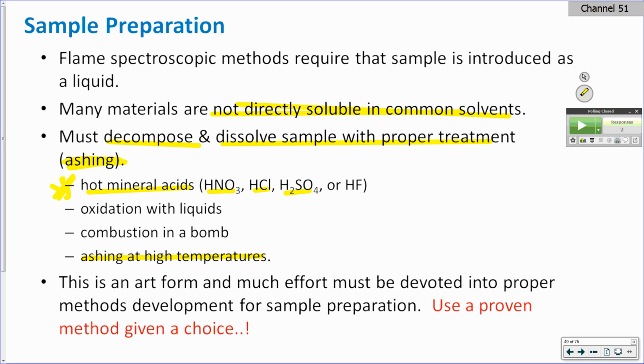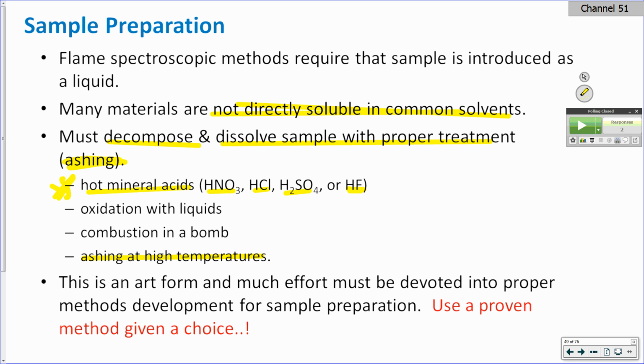In the case of samples that have silicon components, if you have to dissolve silicon dioxide, glass, you have to do that with hydrofluoric acid. Now, HF is a problem because it dissolves glass. So you're not going to use a regular beaker. Everything has to be a Teflon-lined container, and has to be a special hood, because HF will react with certain metals and make an explosive compound.